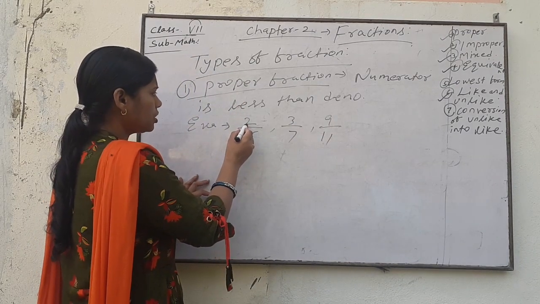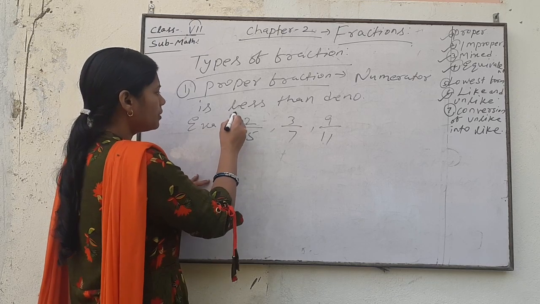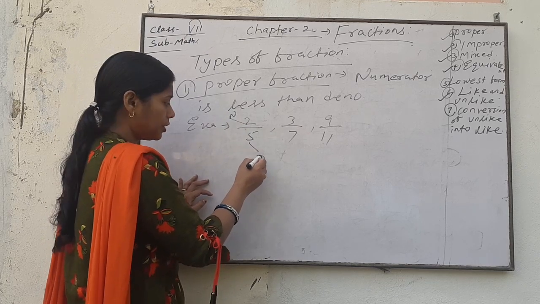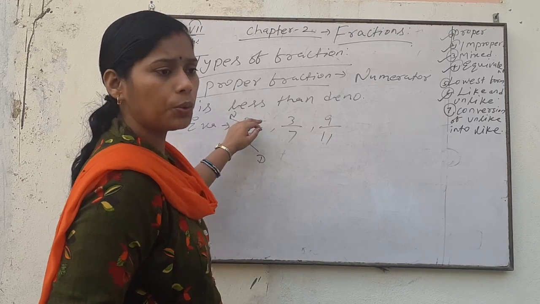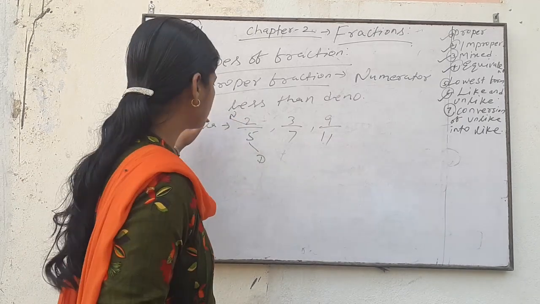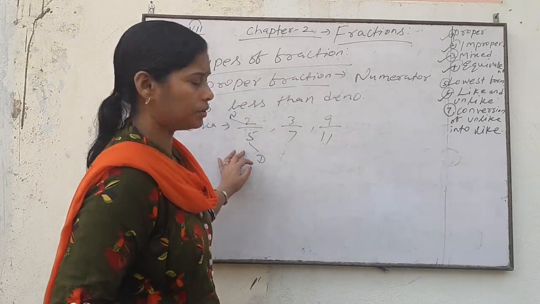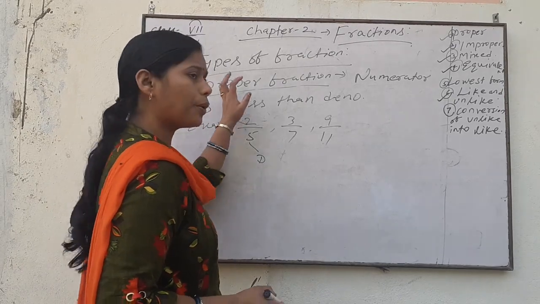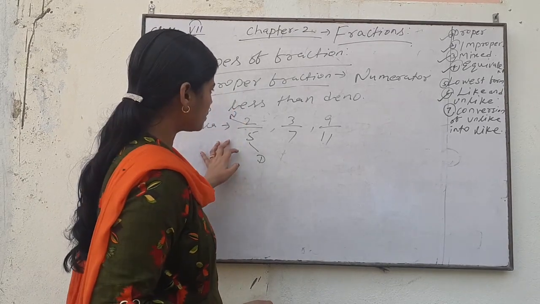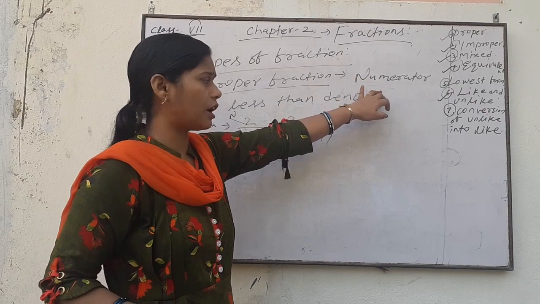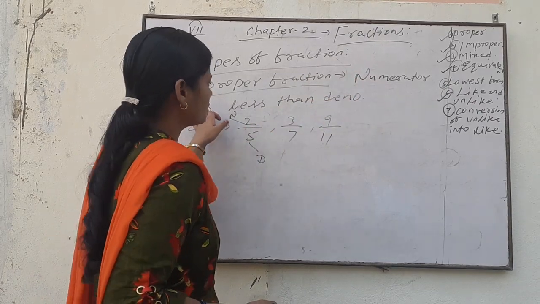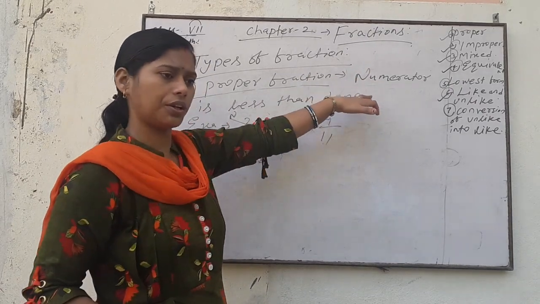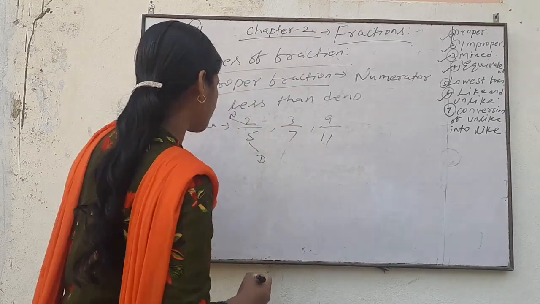Look here, 2 is your numerator and 5 your denominator, and here 2 is less than your denominator. So this is your proper fraction. Proper fraction means your fractions having numerator less than your denominator.